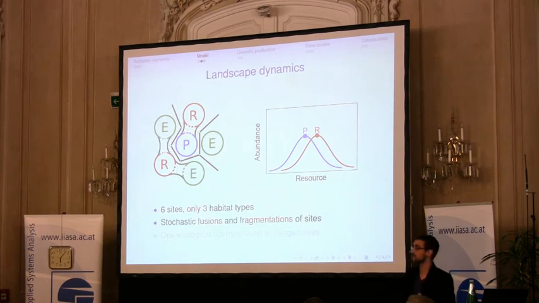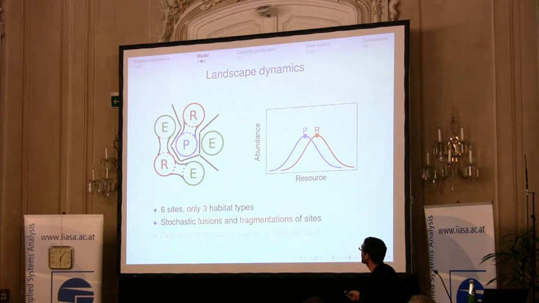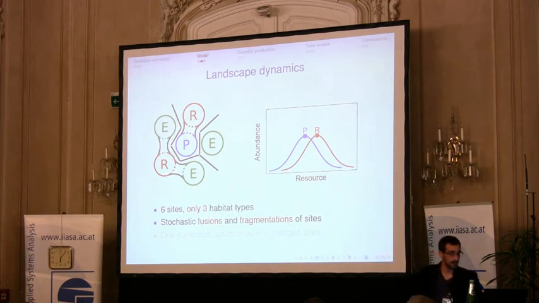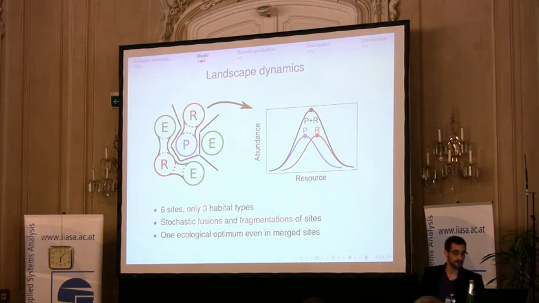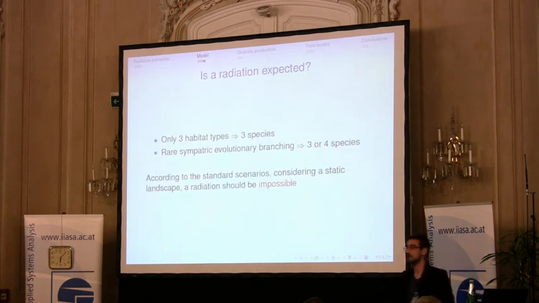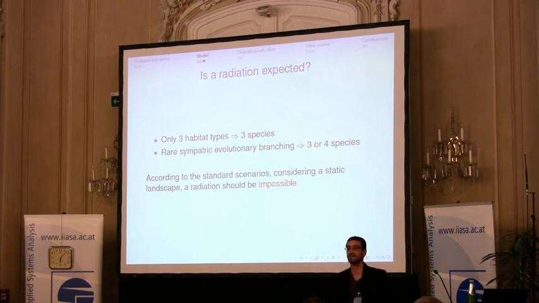The landscape dynamics of the model is the stochastic fusion of neighbor sites, and the merged sites can be fragmented again stochastically. In merged sites, individuals can have access to all resources of the merged sites, and we assume that there is only one ecological optimum even in merged sites. Okay, so the question is: is a radiation expected given these assumptions?